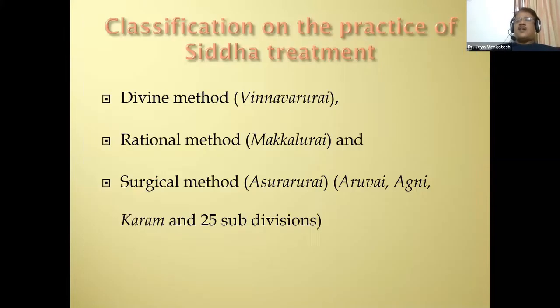The classification of Siddha treatment is based upon the divine method, that is Vinnavar Maruthuvam, the rational method, that is Makkal medicine, and the surgical method, that is Asurar medicine, which is Arvai, Agni, and Karam. It has 25 subdivisions. In general, we have 32 types of internal medicines and 32 types of external medicines.